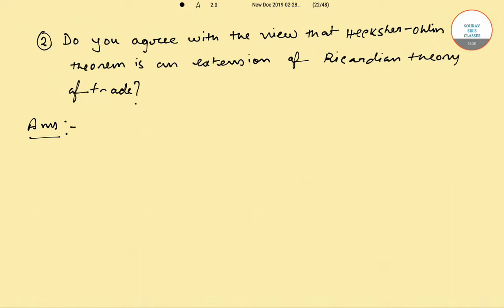We know that the Heckscher-Ohlin theorem, which we will denote by HO theorem, is known as the modern theory of comparative advantage.